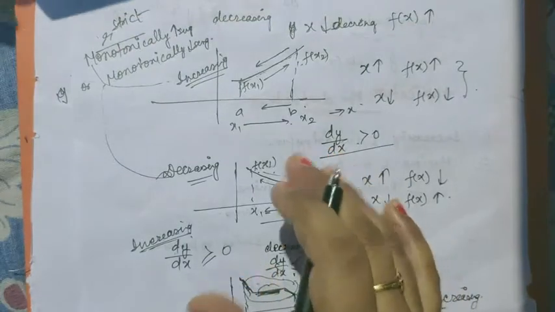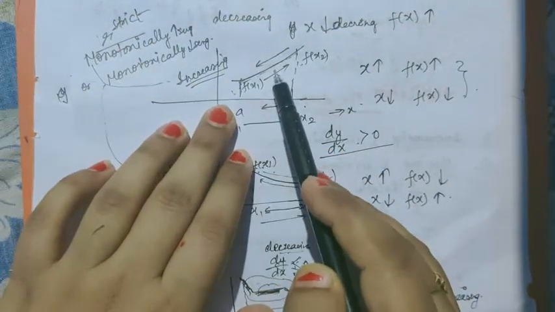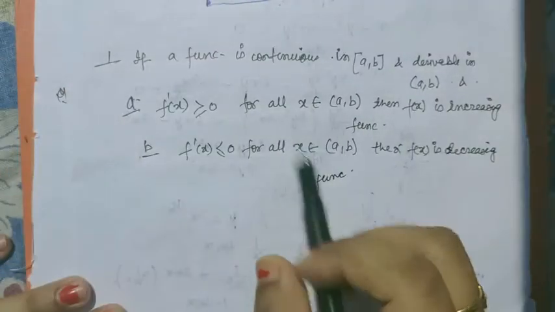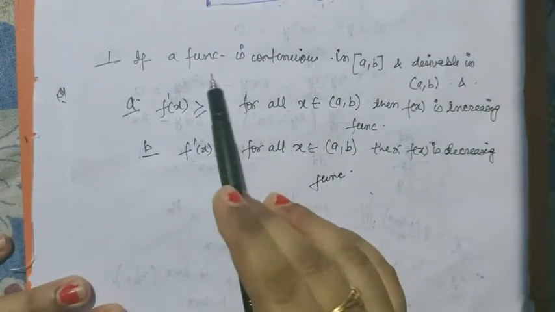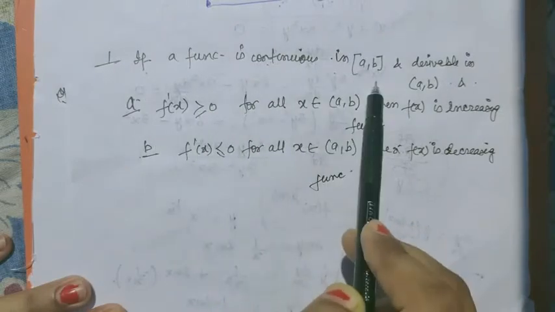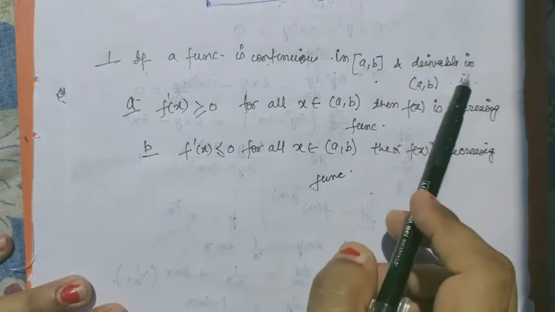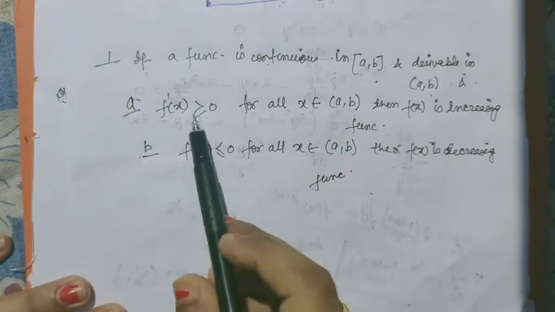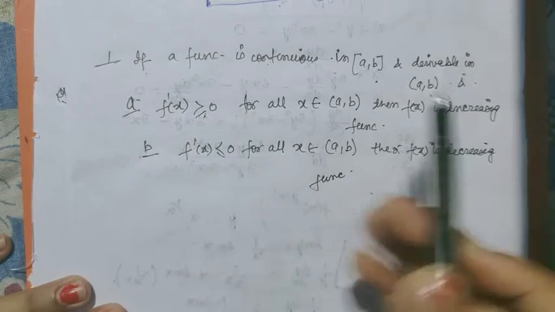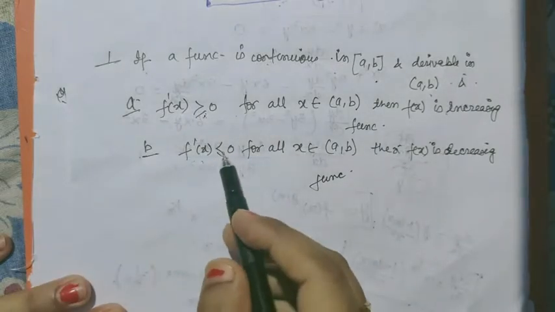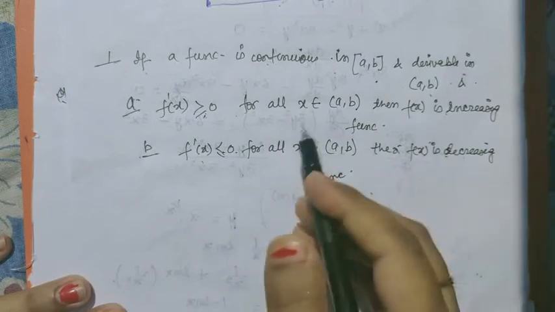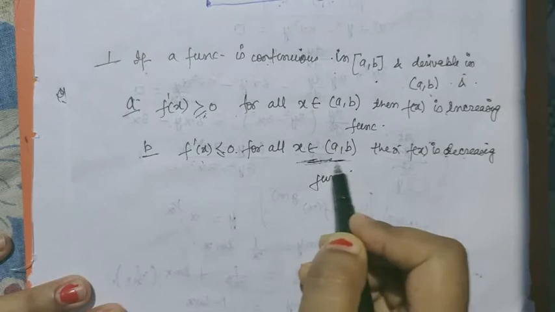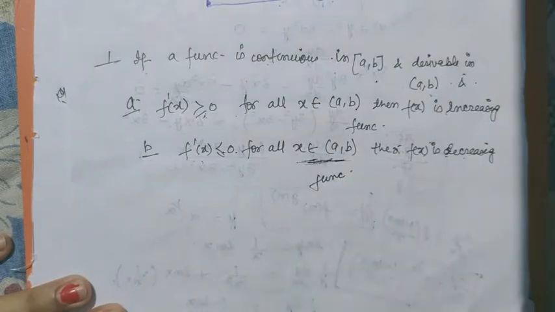See, these functions are continuous and derivable, yes or no? So these are the conditions that if a function is continuous in closed interval a comma b and derivable in open interval a comma b, then when f dash x is greater than or equal to 0, it will be increasing function, and if f dash x is less than or equal to 0 for all points between a and b, then f(x) is decreasing function.